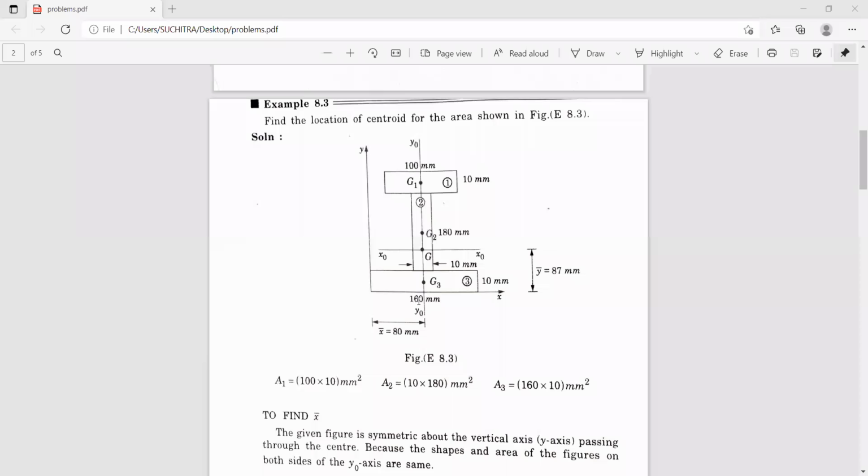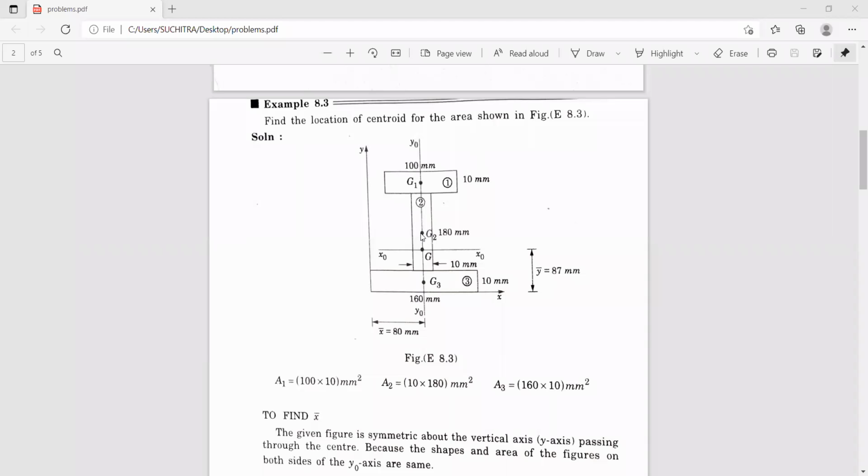That is 60 millimeters, which means this side is 30, this side is 30, and this distance is 30 millimeters. So x1 is 30 plus 100 divided by 2, that is 30 plus 50, so it works out to be 80 millimeters.